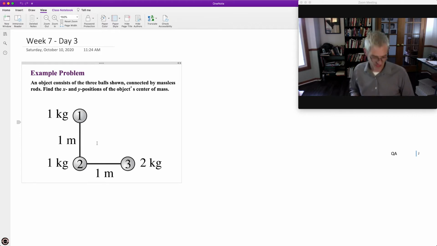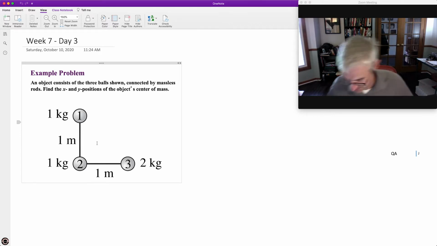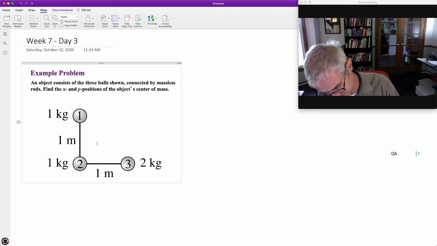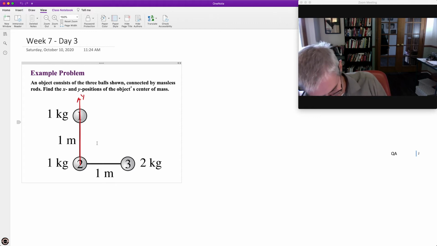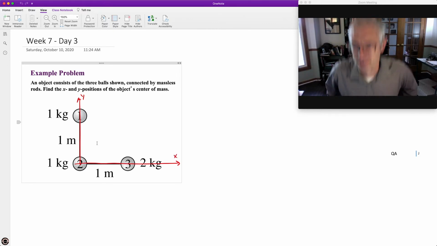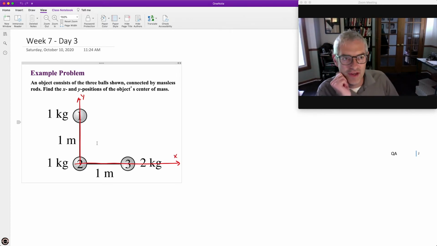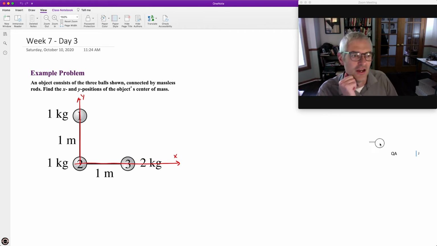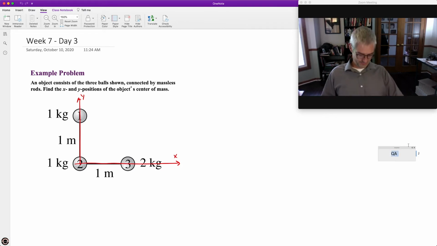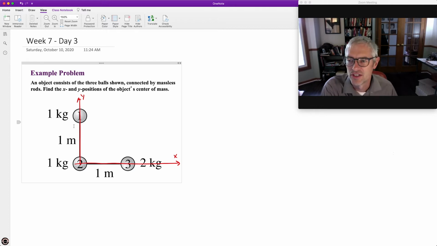What we're going to do is pick your coordinate system. I'm going to do it right here. There's my y-axis, and there's the x-axis. Now we've got these different objects with the different masses, object 1, object 2, object 3.